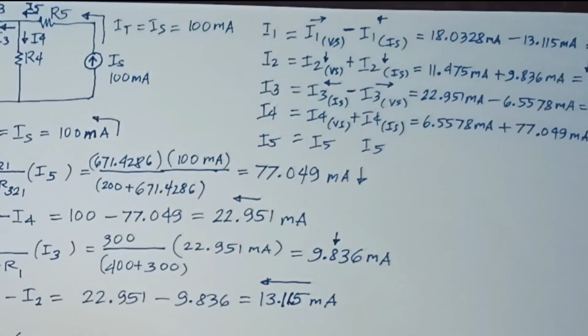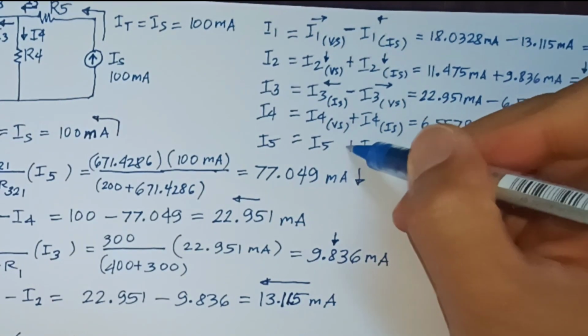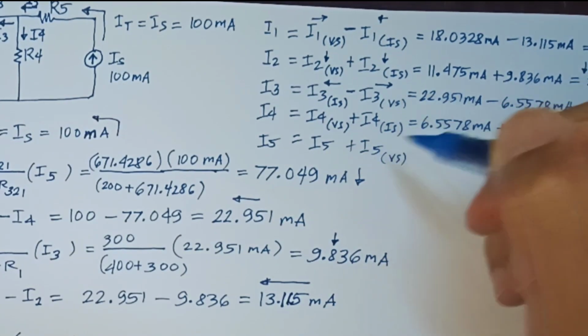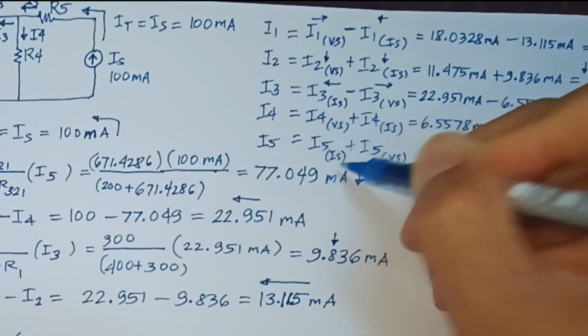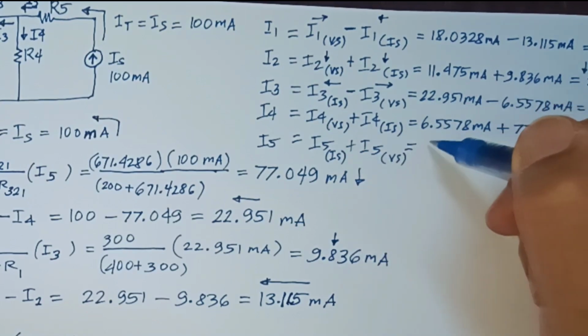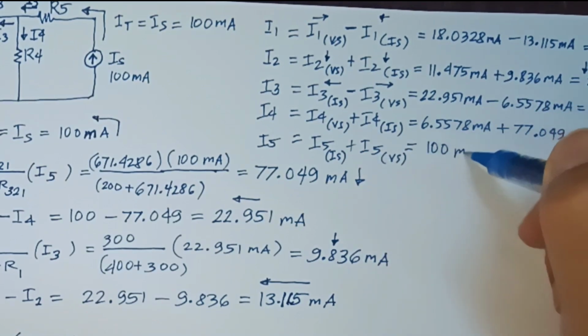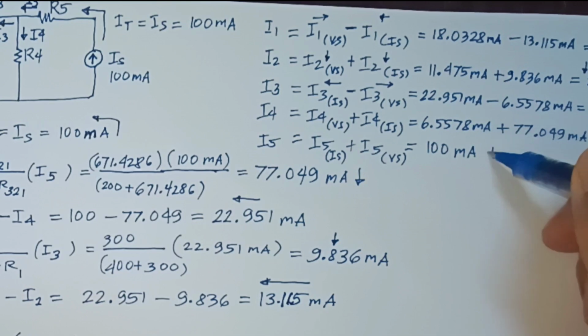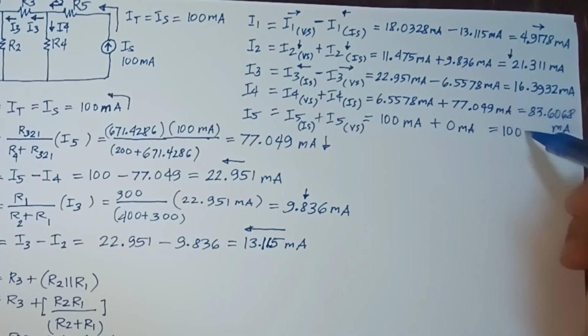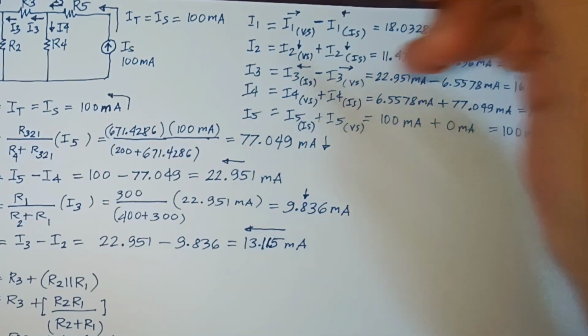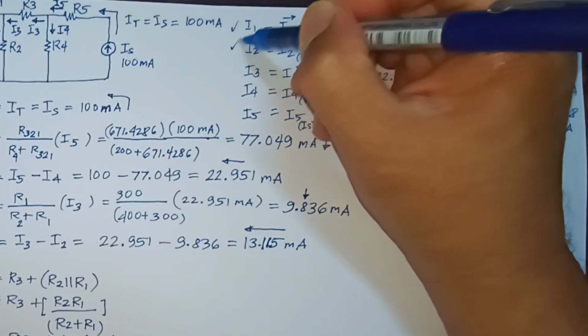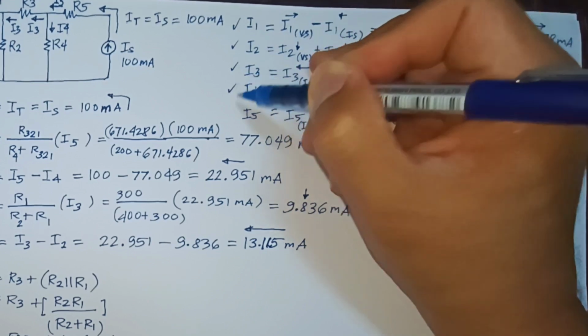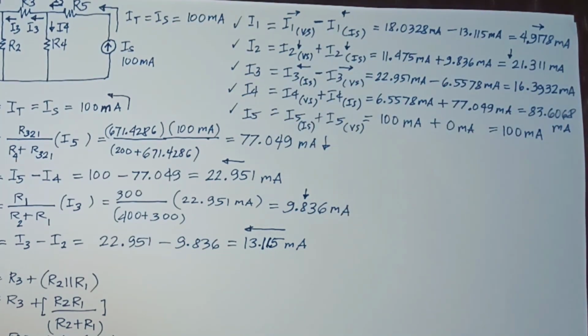Therefore, even if you add the I5 from the voltage source, it would be 0 anyway, and we will get the same answer of 100 milliamperes. So 100 plus 0 is of course 100 milliamperes. And there you go. We got the I1, I2, I3, I4, and I5 currents.